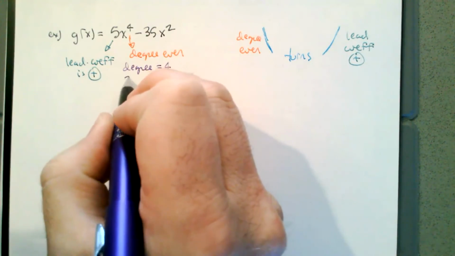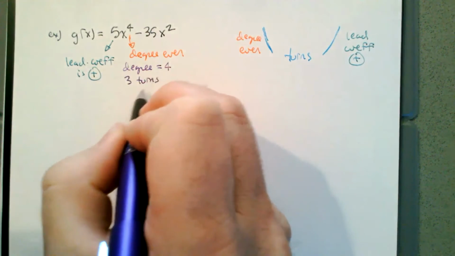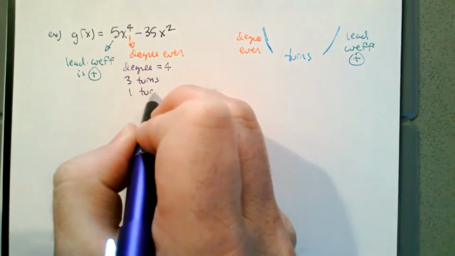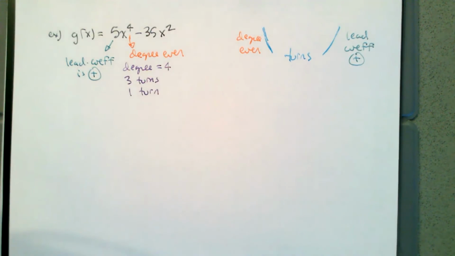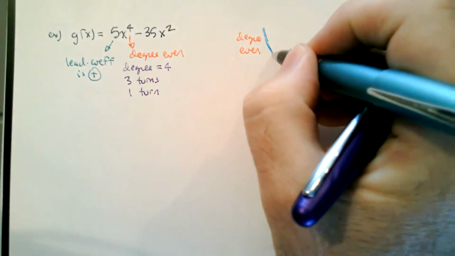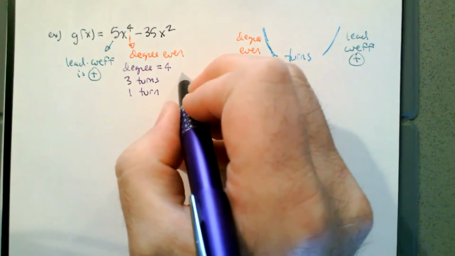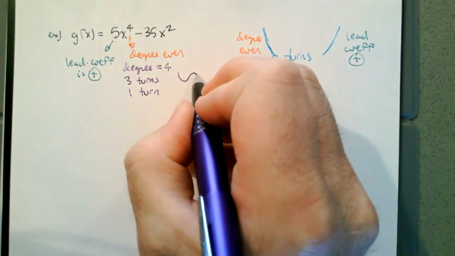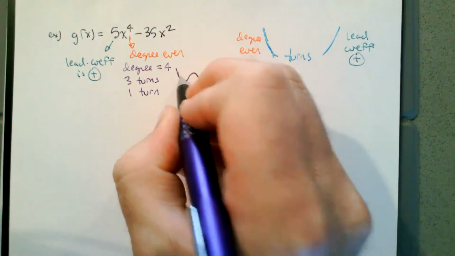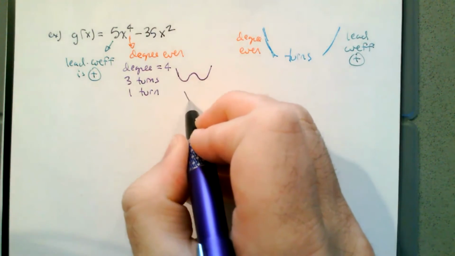So we either have 3 turns or 1 turn. We've got to have at least 1 turn because the ends have to go in the same direction. So either the graph makes 3 turns, 1, 2, 3, or the graph just makes 1 turn.